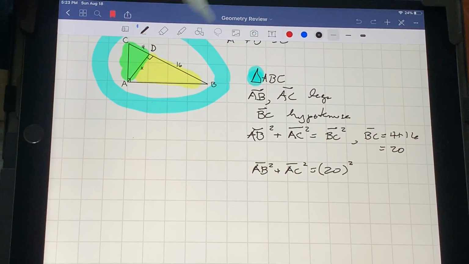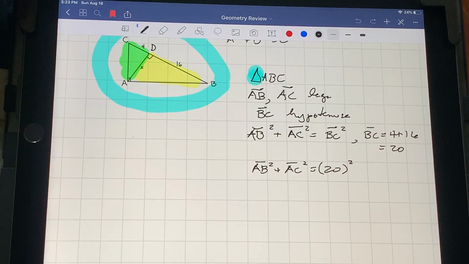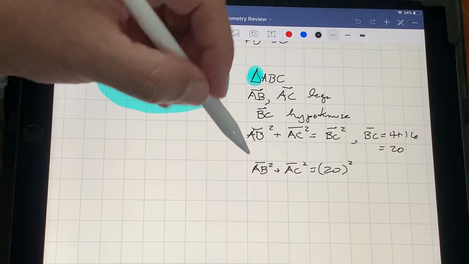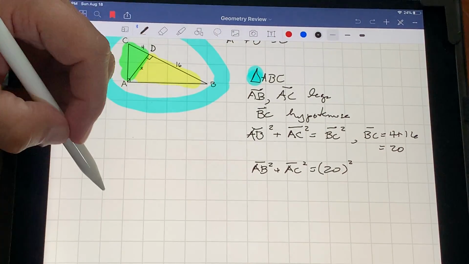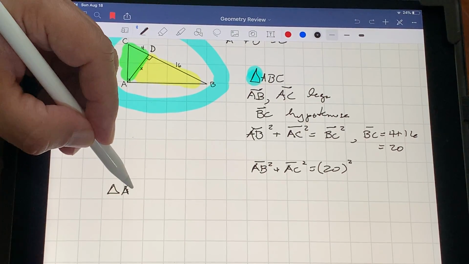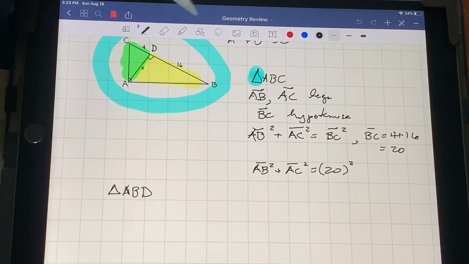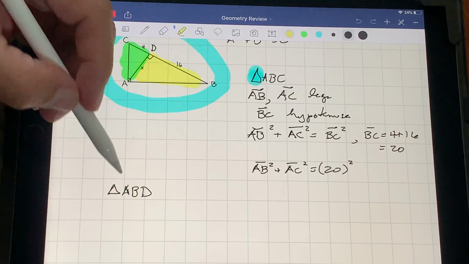Then we're going to work with another triangle, the second triangle, which is ABD. So working with that triangle, let me put it right here, triangle ABD, which I will identify with this color.